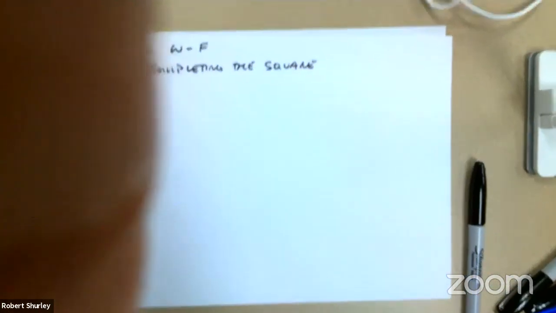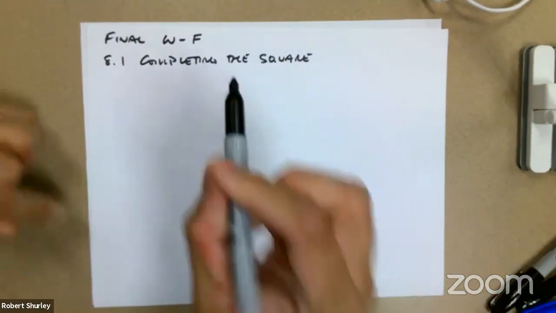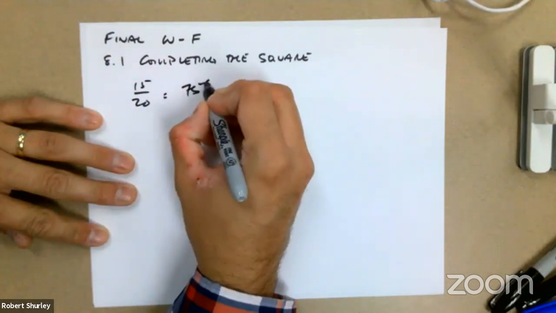Hold on. Let's do some math. So if I made a 15 out of 20, that's 75%, right?